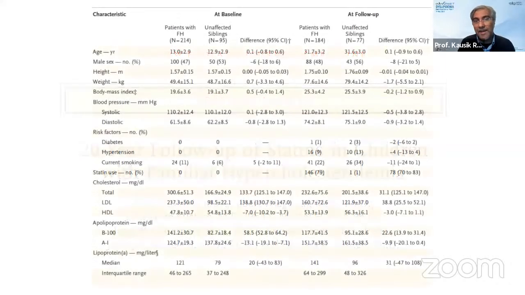So what then happened? If you look in this study at children and you look at their affected parents, and you look at FH and non-FH patients, you can see that between the affected individuals and siblings, there's a big difference in LDL cholesterol. And then, because we start treatment early, we bring the LDL down.